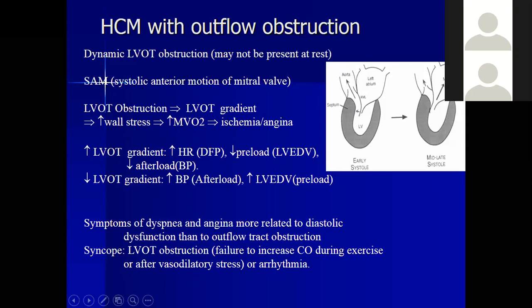Increased heart rate and decreased preload can increase the LVOT gradient. So how do you increase the BP of this patient? Increase the preload, hydrate them, so they can feel better. If they have a syncope, you have to be worried about these kinds of patients. So always evaluate these patients.